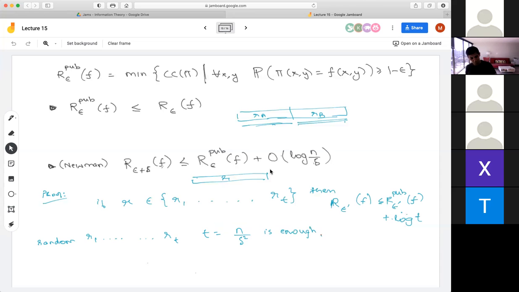So instead of whatever length strings are actually being used in the protocol, just change the protocol to use one of R1 to RT, where R1 to RT are chosen randomly. And this only changes the error probability by an additive delta. So you will go from a public coin protocol with error epsilon to a public coin protocol with error epsilon plus delta. And then once we get to this setup, we will just use the previous argument to go to a private coin protocol with an additional log T. So this is nothing complicated, just a Chernoff bound, but I can do this in the next lecture. Okay? I'll ask you to think about it.